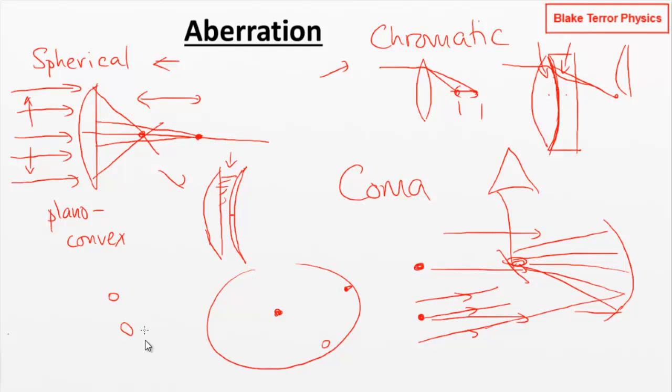It will go off in these comet-like tails off to the side, and that's what's referred to as coma, this distortion towards the edge of the field of view, because it's these objects on the edge that aren't giving us the perfect parallel light that the parabolic mirror is focusing.